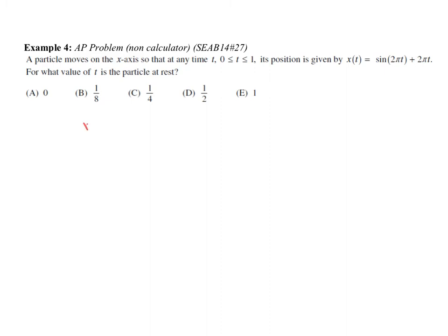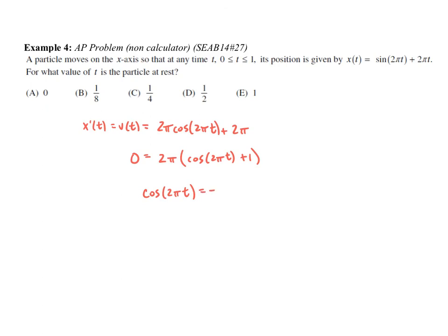So we have the derivative of the position, which is our velocity, and that is 2 pi times cosine of 2 pi t plus 2 pi. We're going to look at when the particle is at rest, which means we set the velocity equal to 0. I'm going to factor out a 2 pi so that we can better analyze the question. We know that we're now looking for cosine of 2 pi t equal to -1.